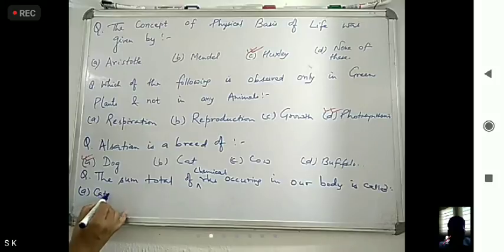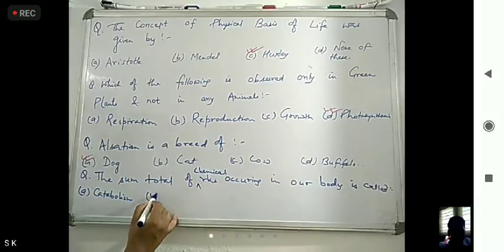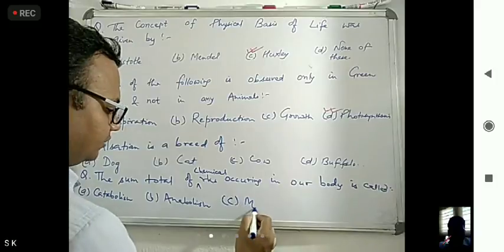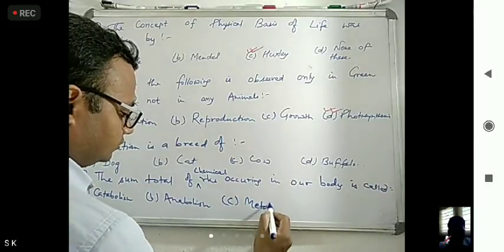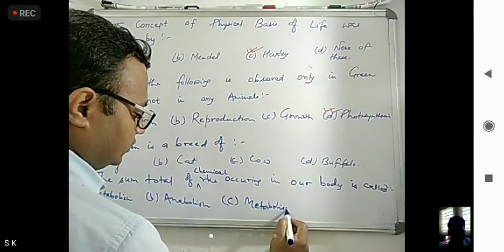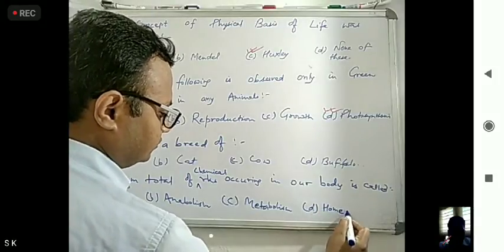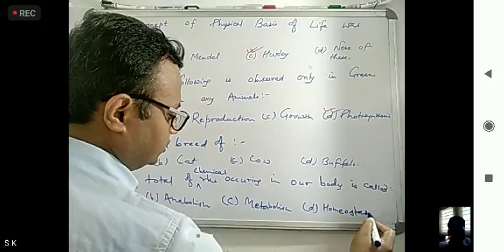One is catabolism. One is anabolism. One is metabolism. And one is homeostasis.